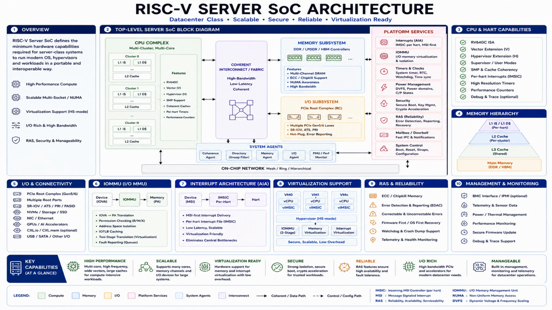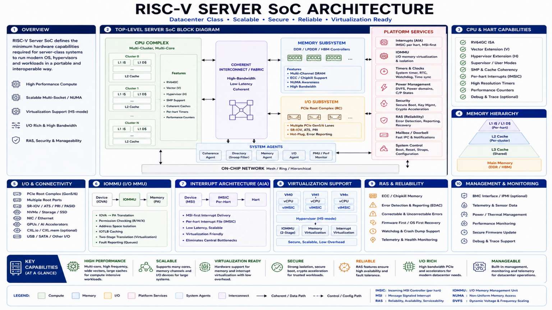Section 9 describes RAS: reliability, availability, and serviceability. RAS features include error correcting code for correcting single bit errors in memories, and chipkill memory protection. It scatters data across multiple chips, allowing the system to reconstruct data if one chip fails completely, preventing system crashes.